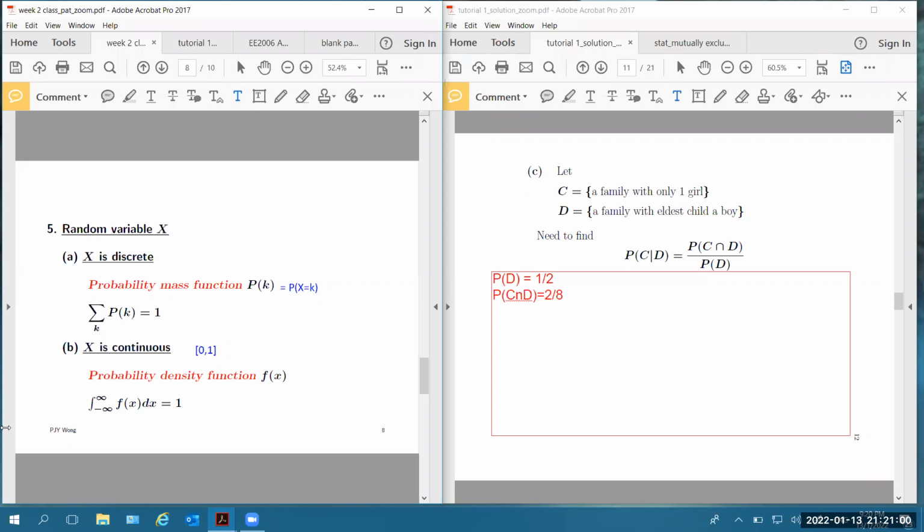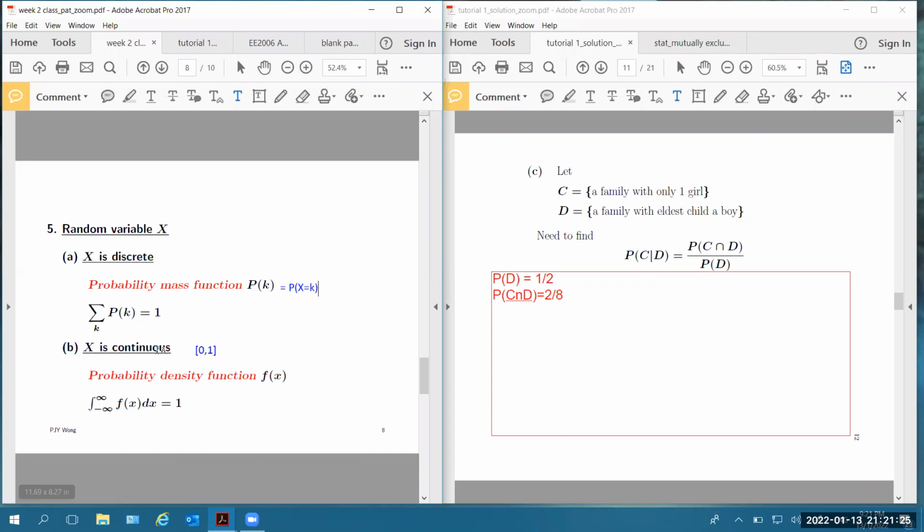The values can change. So all these numbers constitute the probability mass function. And when you sum up all the K values of PK, you will get 1. This is a famous property of the probability mass function.